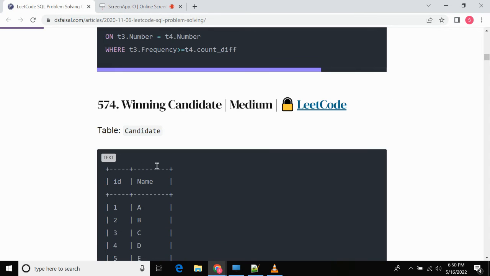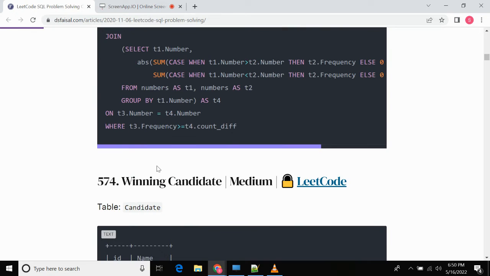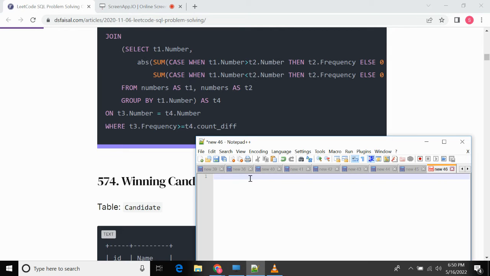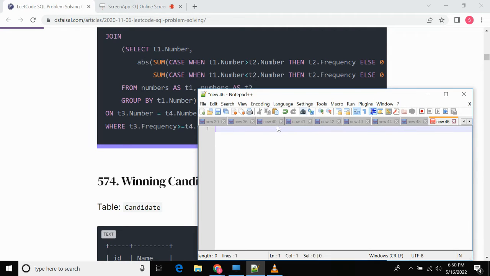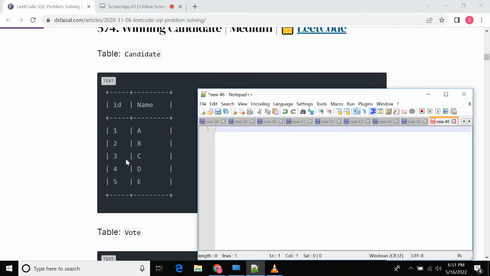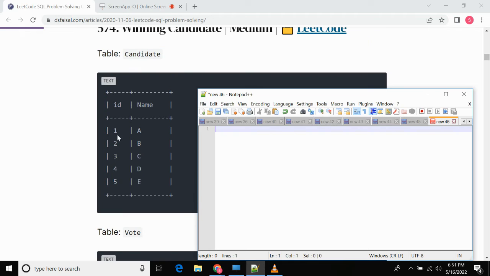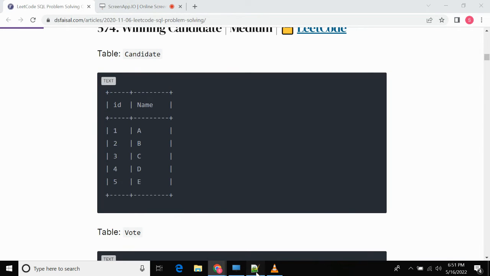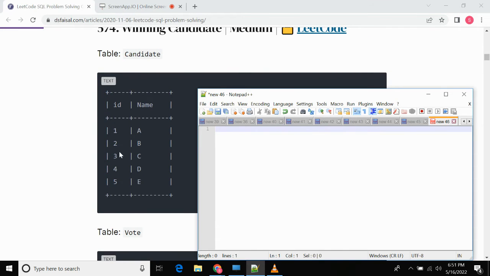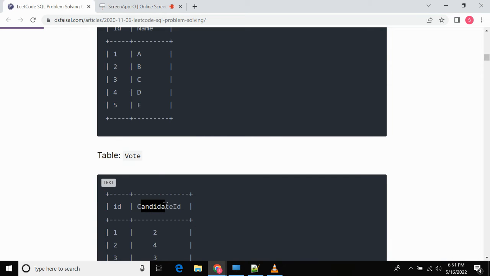So let me just write the query in the notepad so you will have a better understanding. First, since we have two tables, we have to join both tables, and we have to take the ID from the candidate table and join it with the candidate ID from the second table, right?